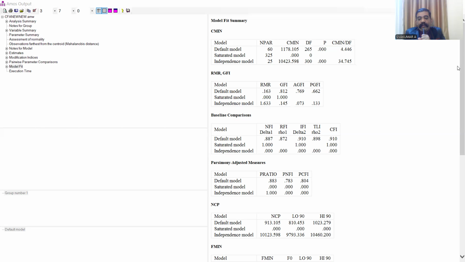Another absolute fit index is AGFI, the adjusted goodness of fit index. The standard value is equal to or greater than 0.90. Our value is about 0.8, no problem. It is near 0.9, so it is good.